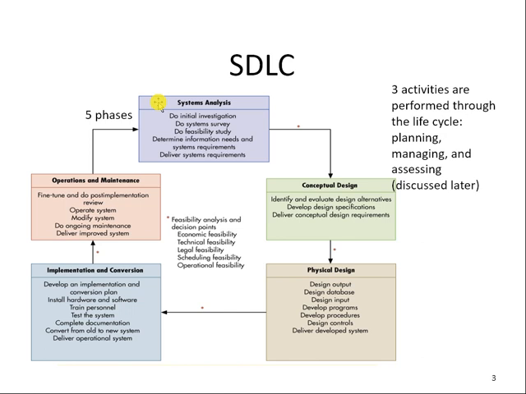In this step, we're going to do the following things. We're going to initiate investigation, have a system survey, do the feasibility study, determine the information needs, and deliver system requirements.